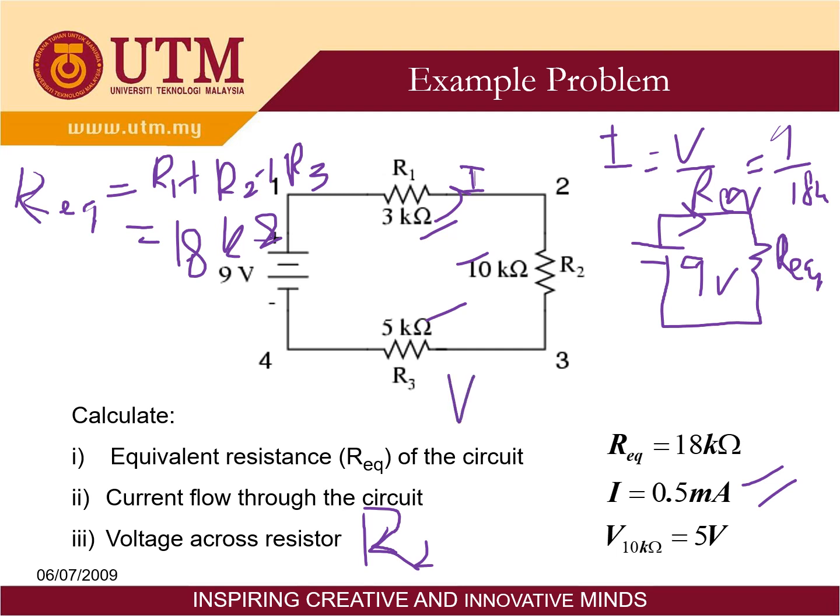V R2 equals 10 kilo ohm multiplied by the current, which is 0.5 milliampere. So you get the answer: 5 volt.